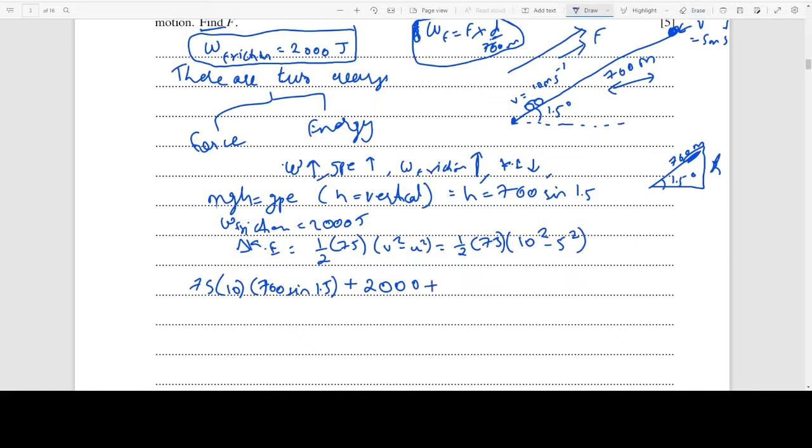Plus F into 700, which is equal to half into 75 into 10 squared minus 5 squared.